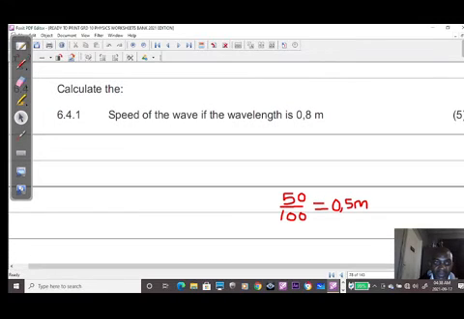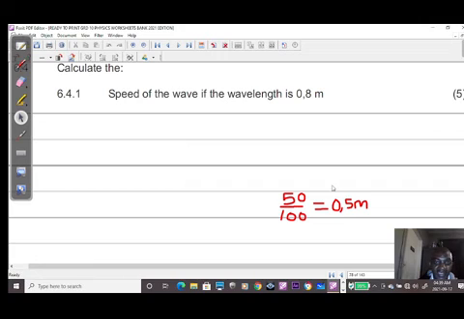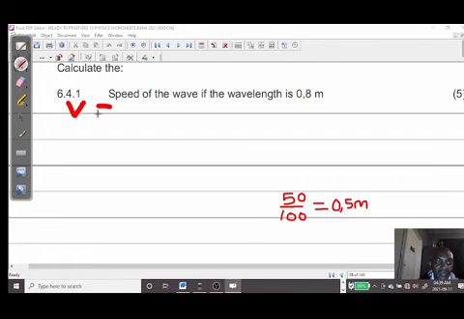Now they say calculate the speed of the wave if the wavelength is 0.8. If you remember our formula, because I have my period as 8, I can find my frequency, since frequency equals 1 over T. They want the speed of the wave, and the formula says v equals f times lambda.